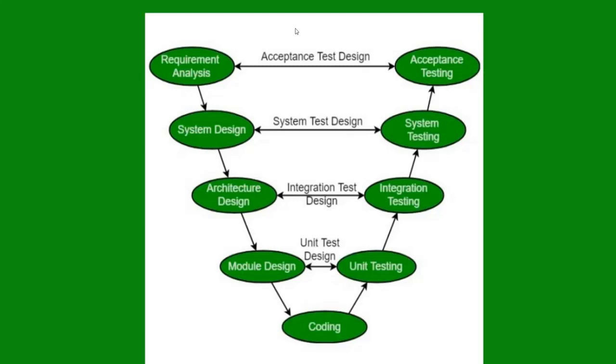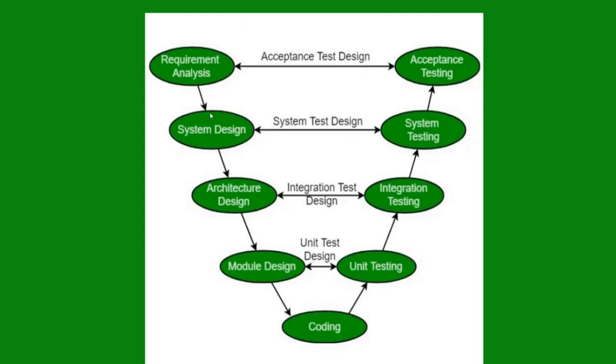If there was any defect that was not caught, it flowed to the design phase as well. To overcome that issue, here we carry out testing in parallel. Once the requirement analysis is done, the corresponding acceptance testing will be performed to make sure any issues are caught in the testing phase.